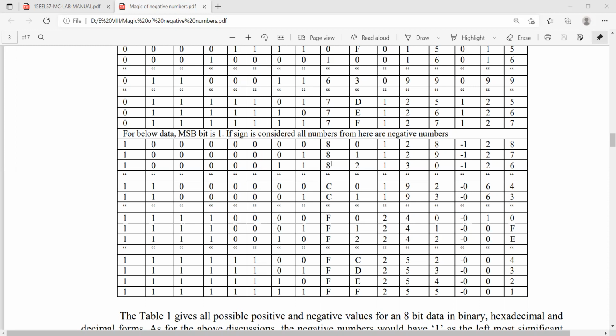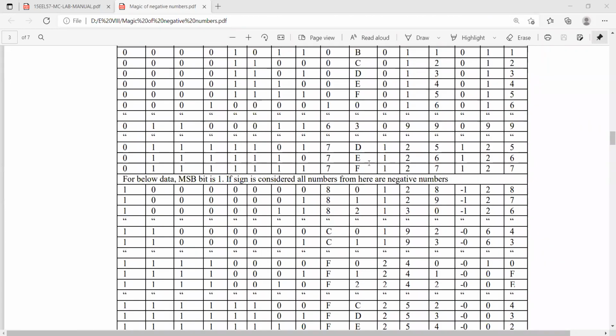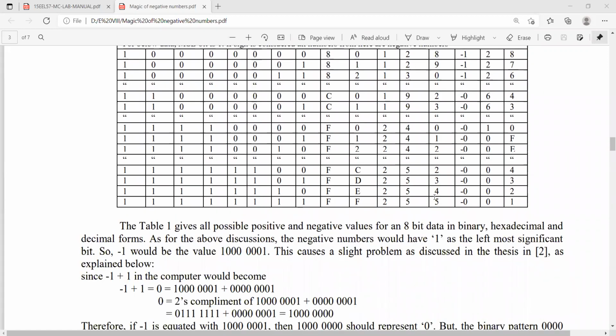The next number is in this format, 81. Without this sign column, these are completely positive numbers. If the sign is not considered, it is like plus 128, 129, 130, up to 255.